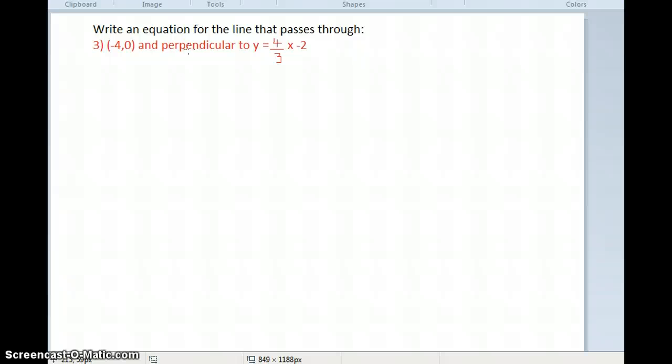So I said, okay, the line that you're trying to write an equation for is perpendicular to this line that has this equation. So again, all I'm doing is I'm giving you the slope, because we need to know that perpendicular lines have opposite reciprocal slopes. So that means opposite sign and flip.